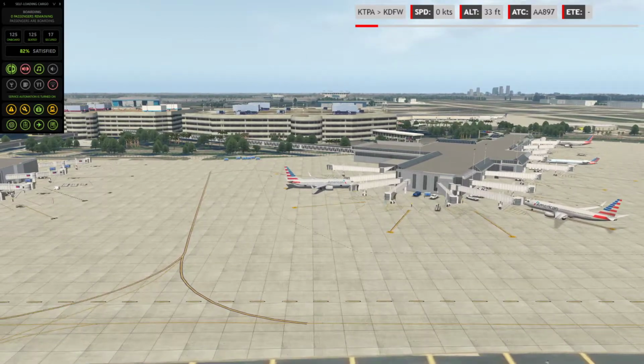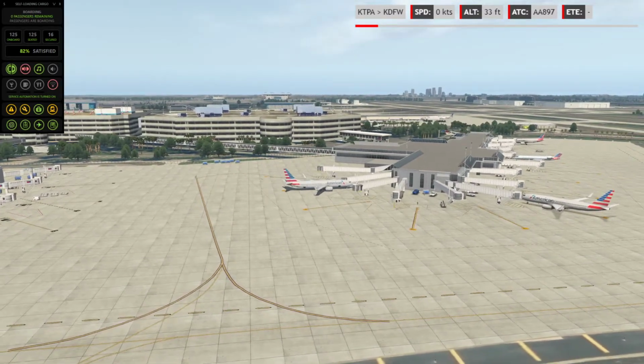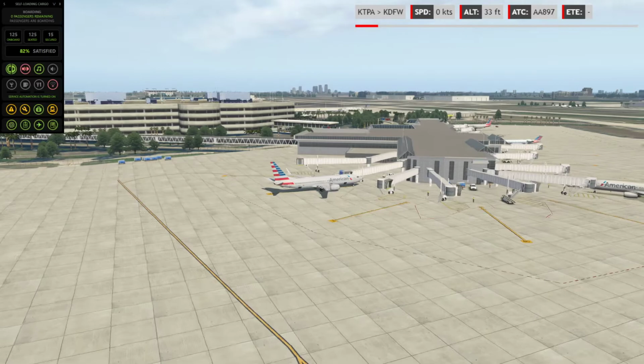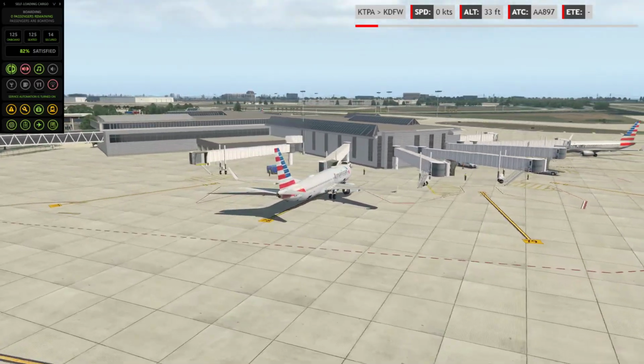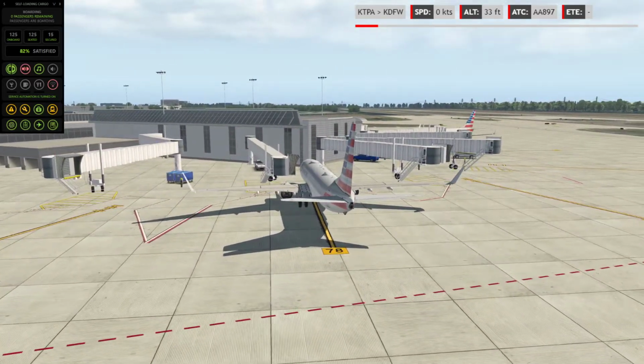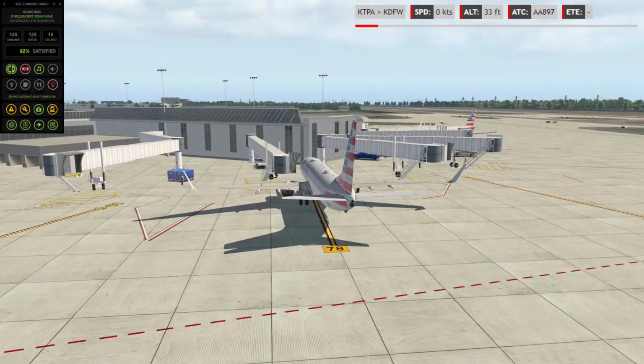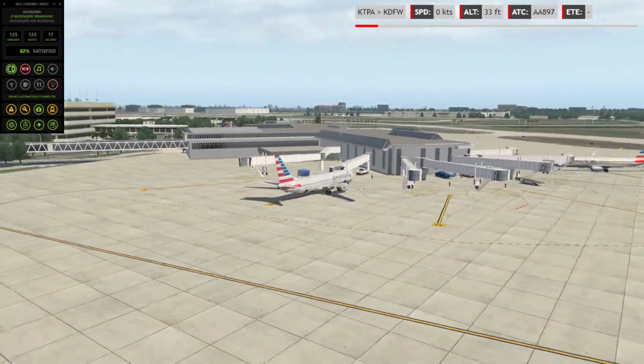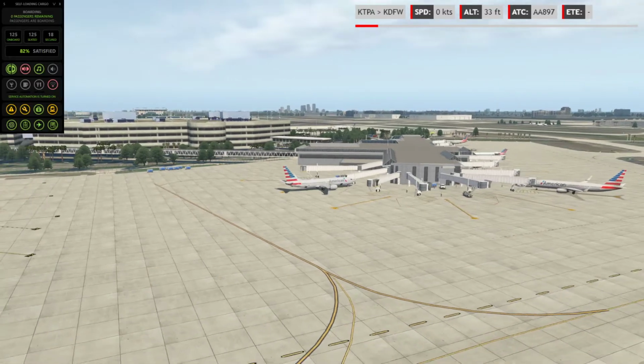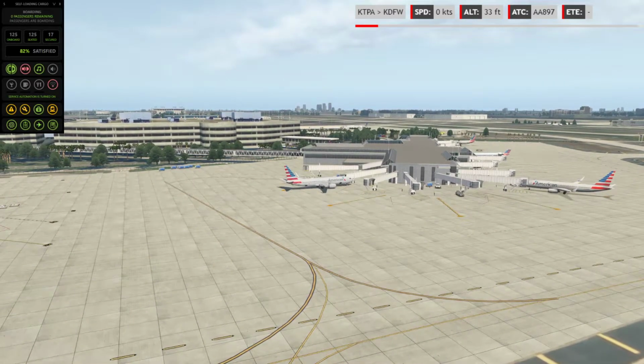Yeah, it's going to be fantastic. The airport quality is amazing. So today we are going to be departing on runway 28, and the weather is looking pretty good.